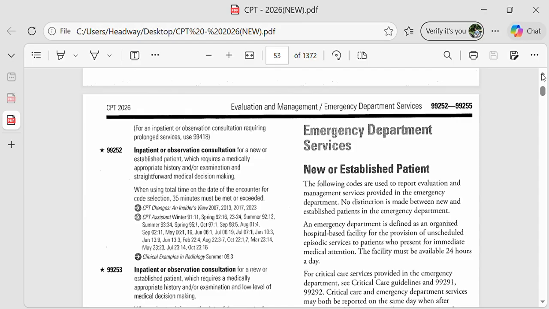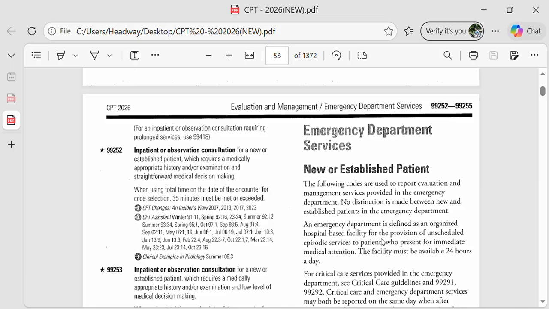Any idea on why the emergency department does not separate new or established patients? I think someone is working in the coding field. Do you have any idea about this?